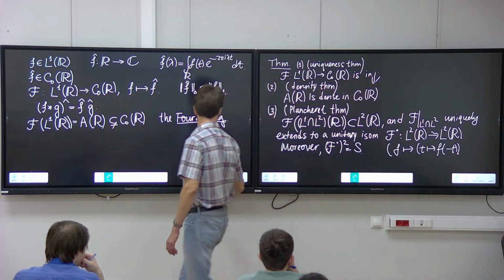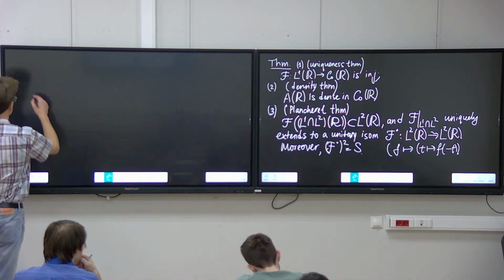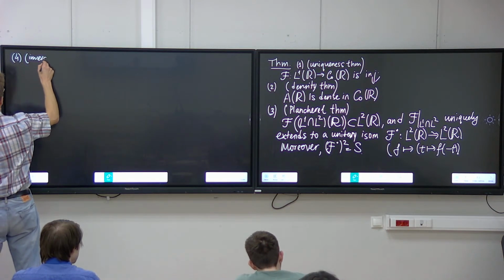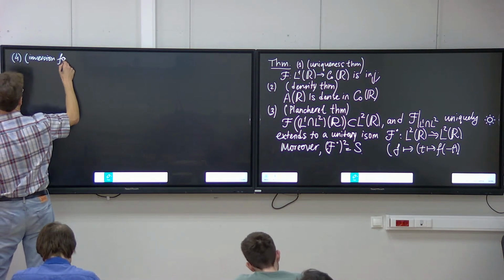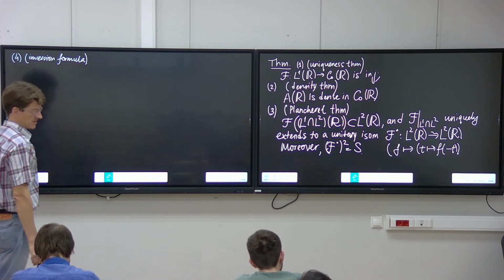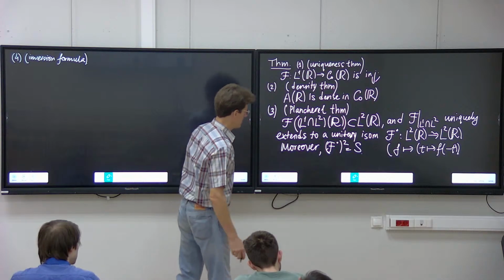And finally, we have the Fourier inversion formula, which is actually closely related to this one.